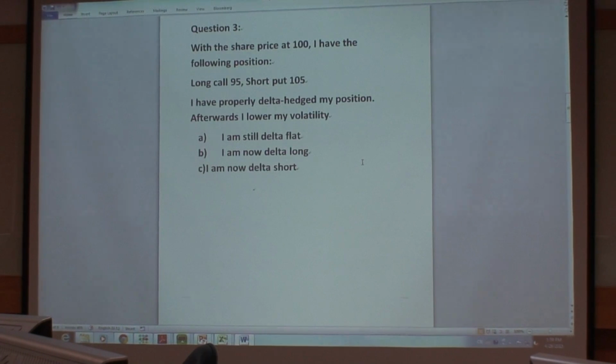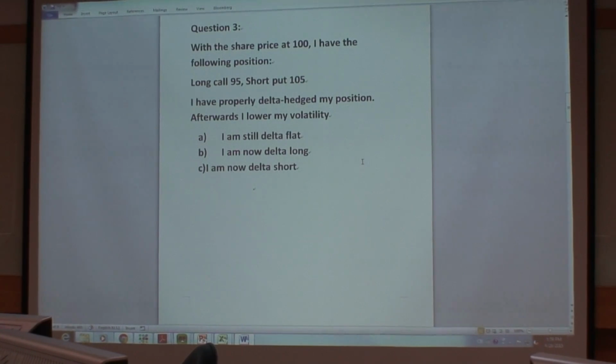Then we go for the short put. An at the money put would have delta minus 50. What would be the delta of the 105 put? Exactly, but a bit higher, so let's say it's delta minus 55. If I have this portfolio and I hedge, I'm going to sell 55 shares on the call that I own, and I'm going to sell 55 shares on the put I'm short.